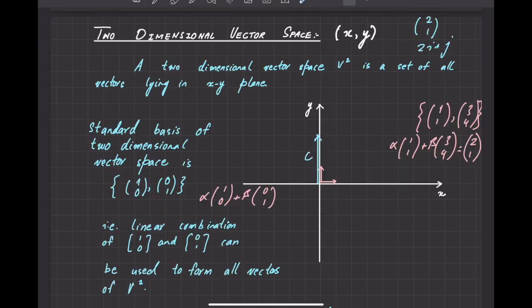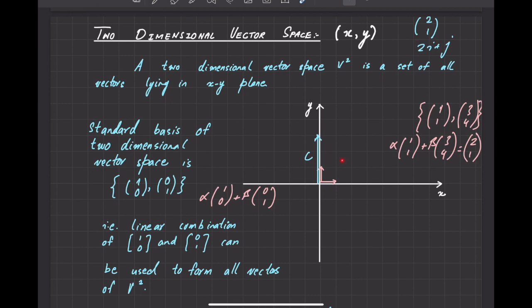So we could have a two-dimensional vector space, which contains all the vectors in the xy plane. If you want to represent the entire vector space, the standard basis could be 1, 0, and 0, 1.